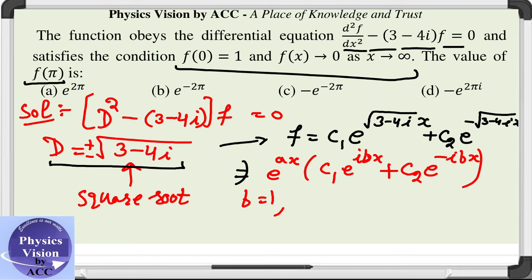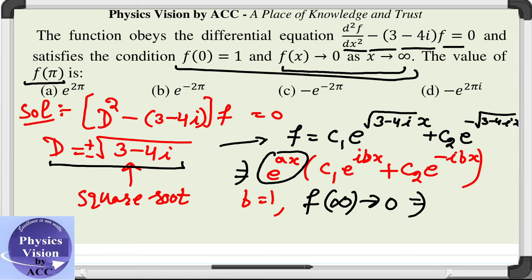The second noticeable point is, since the given boundary condition is f(x) approaches 0 as x approaches infinity, f at infinity approaches 0, which implies this power cannot hold with the positive sign. So a cannot be plus 2.